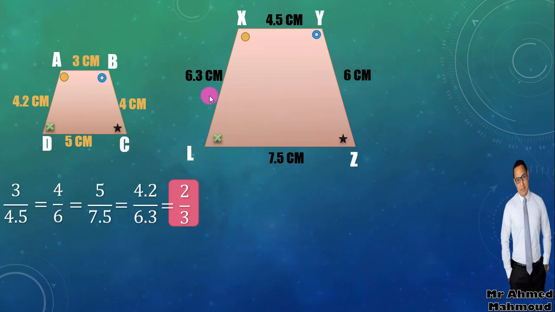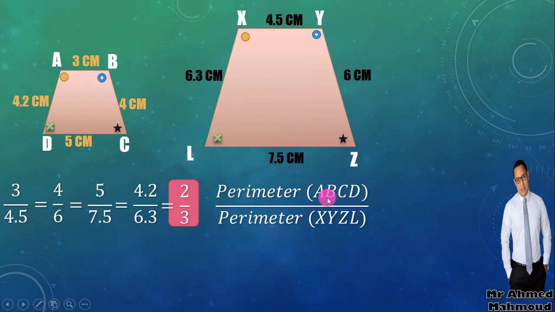Now, if I divide the perimeter of ABCD over the perimeter of XYZL, we get 16.2 over 24.3. In the simplest form, it is equal to 2 over 3. It means that the ratio between the perimeters is equal to the ratio between the corresponding sides, or equal to the scale factor.